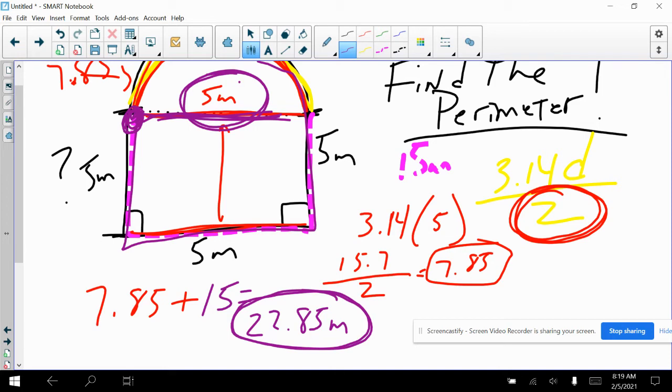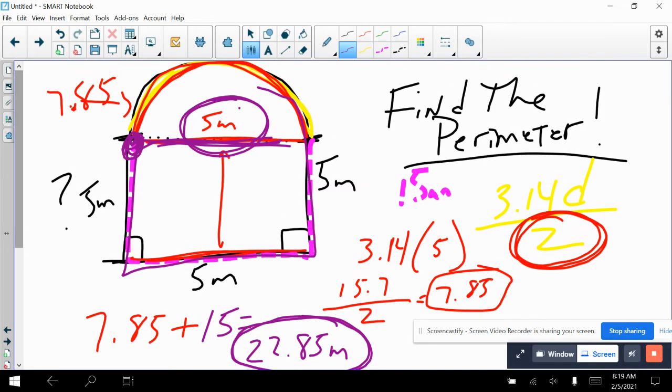Okay, so with that being said, take a look at that screen. We were just to find the perimeter and look at all the math we had to do. It can get confusing. And I'll be honest with you, that's a pretty simple object. Okay, everybody good with that? Any questions? Okay, moving on.